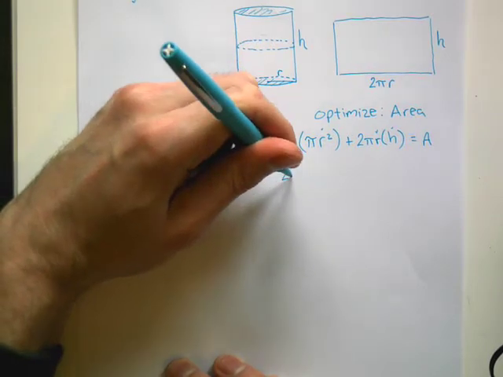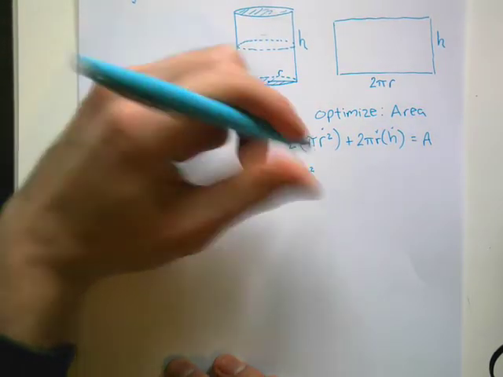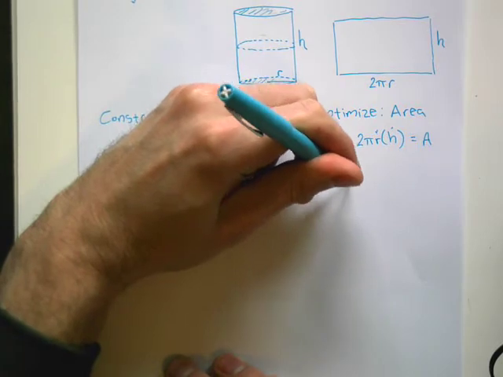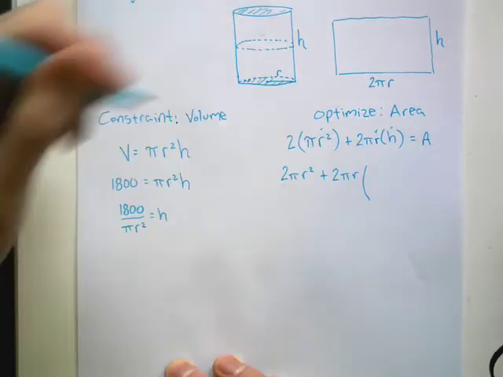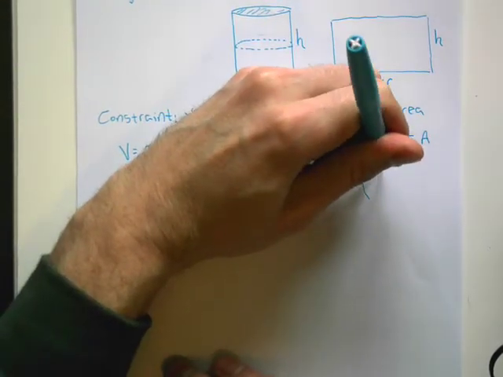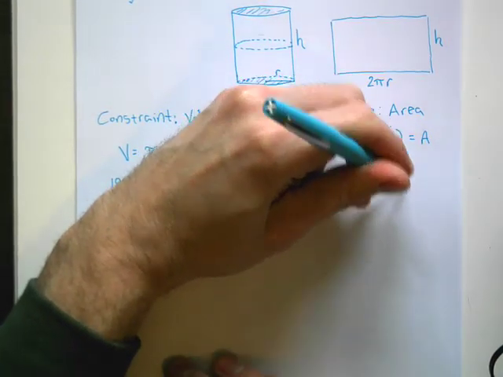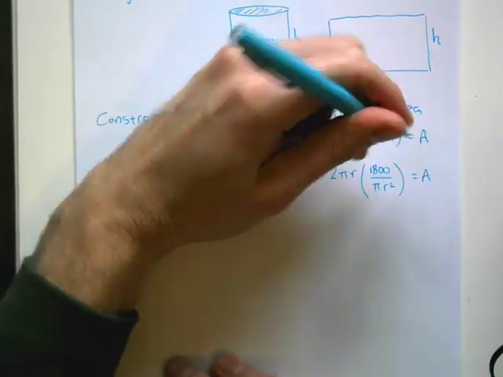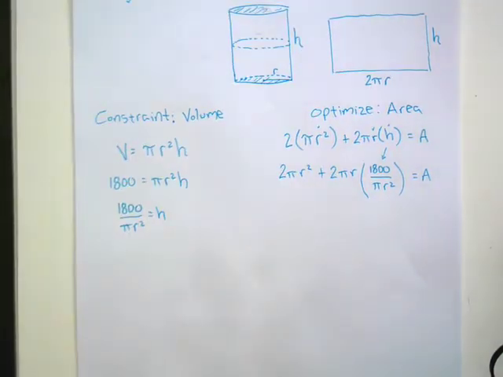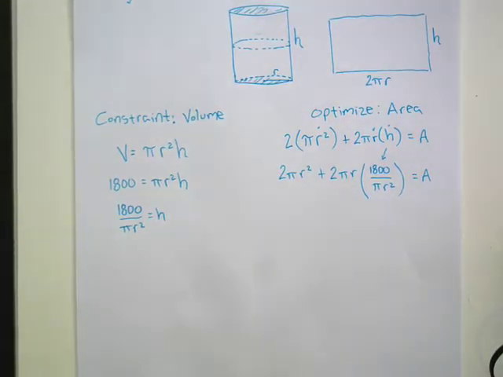So I've got 2 pi r squared plus 2 pi r, and my H is going to be 1800 over pi r squared, and that's all equal to area. Remember, my H came from the first equation.